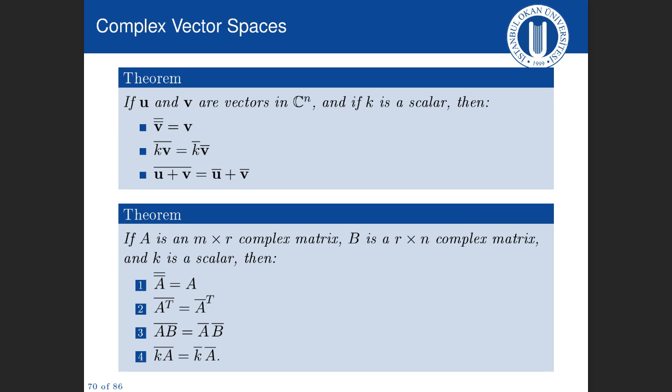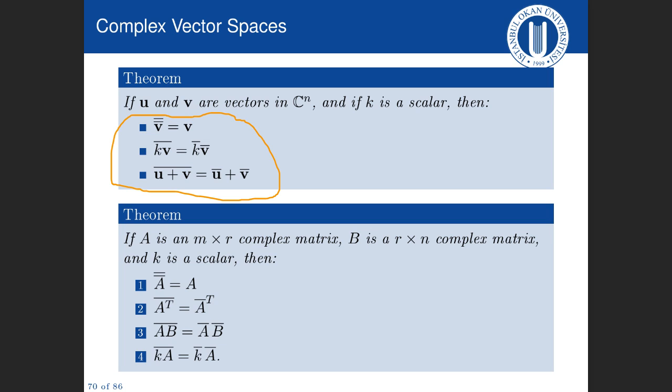Two theorems which are pretty much the same. The first one is for vectors and the second one is for matrices. The complex conjugate of the complex conjugate of v is just v. If I have a complex number k and a complex vector v multiplied together, the complex conjugate of kv is the complex conjugate of k multiplied by the complex conjugate of v.